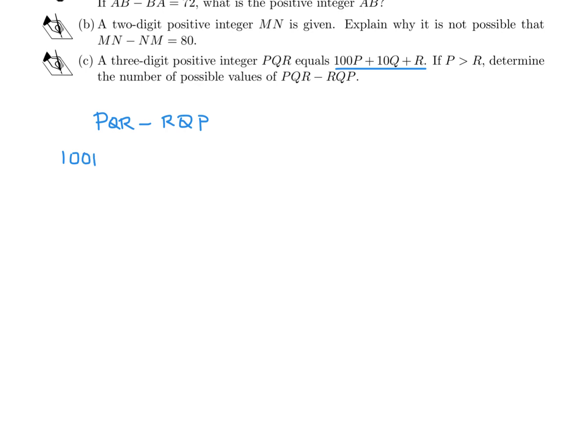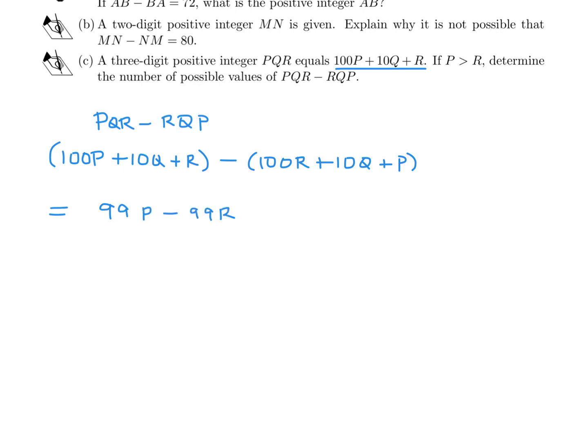So this would be 100p plus 10q plus r, and then this would be 100r plus 10q plus p. And then when you subtract all those guys, you just end up with 99p minus 99r. The q's cancel, interestingly. And then when you factor out the 99, you'll get 99 times p minus r.